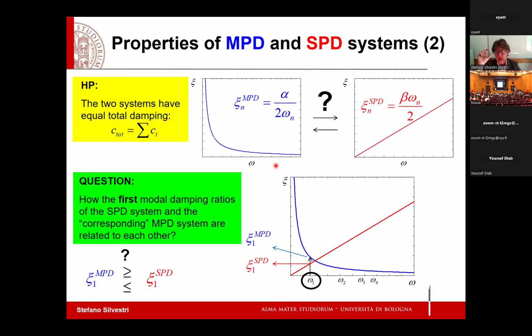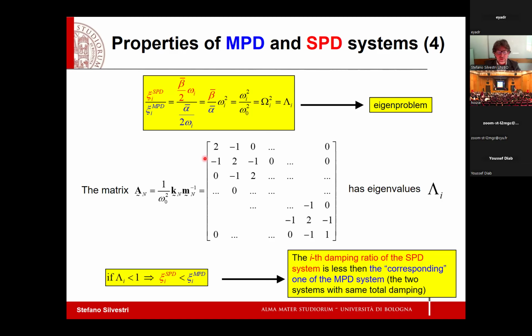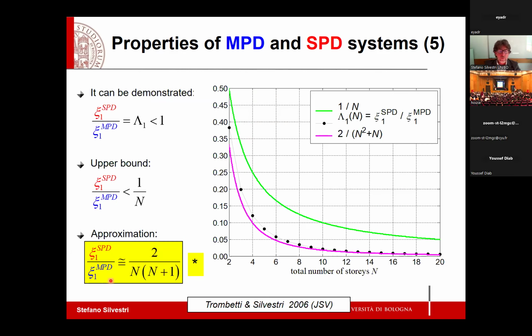But if we assume that the dampers are just equal, but simply placed in order to connect the story to the ground or within an interstory placement, well, it is easy to show that under some, let's say, uniform assumption in terms of stiffness and masses, it is possible to demonstrate that the damping ratio of the interstory stiffness proportional damping placement is far smaller than the damping ratio provided by the mass proportional damping system.